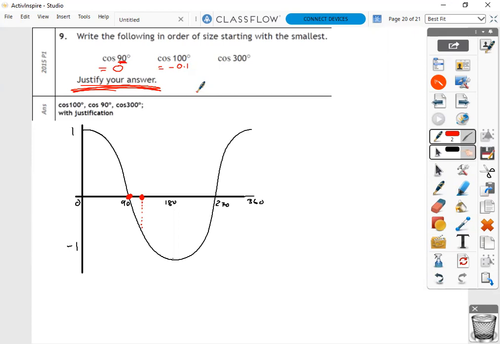Cos 300, if we go to our next milestone, which is 270, 300 is a wee bit to the right, so cos 300 would be up near 0.9. So starting with the smallest number, negative 0.1, that's cos 100. Next is cos 90. And the biggest number there is cos 300.